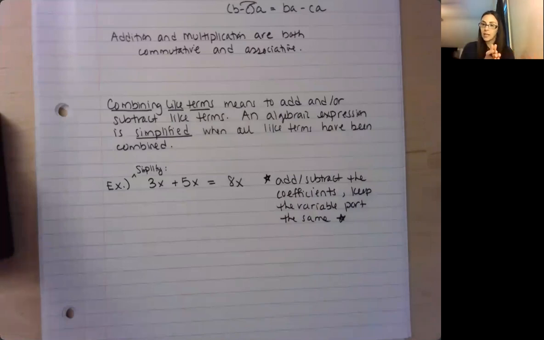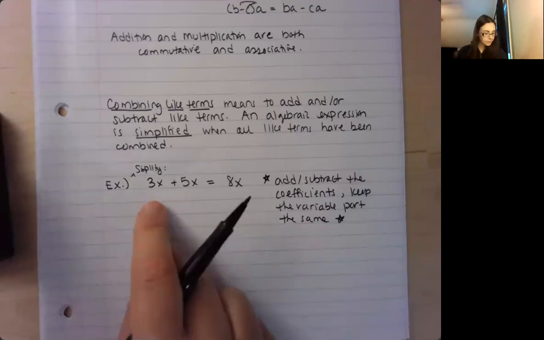If you have like terms, they can go together, and you're just going to add or subtract as you would think, right? So 3 plus 5 is 8 here, but the x stays the same. It does not become x squared. So it's kind of like with units. If you add 1 inch plus 2 inches, you get 3 inches, right? We don't get squared until we start multiplying them together.